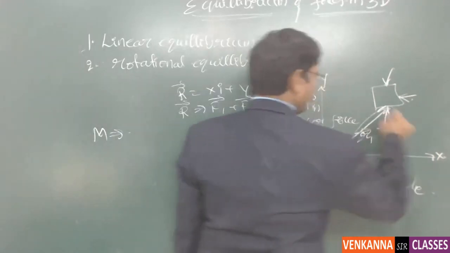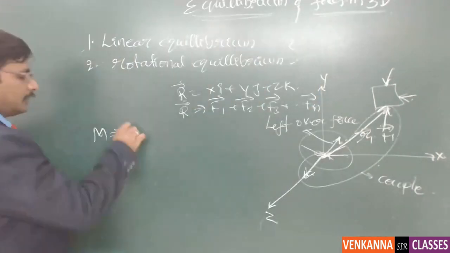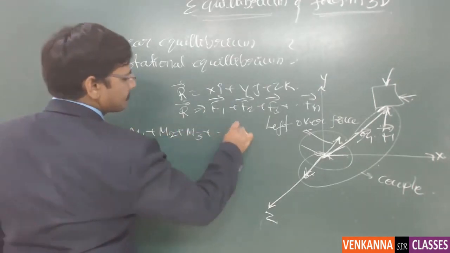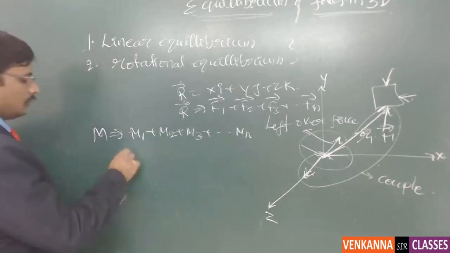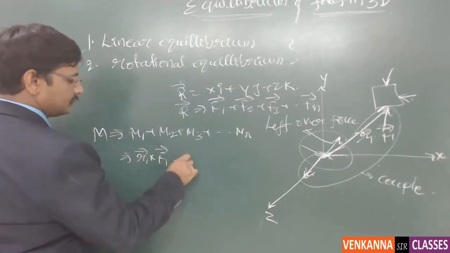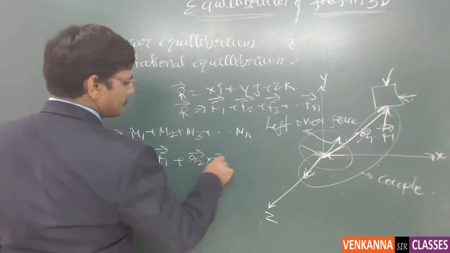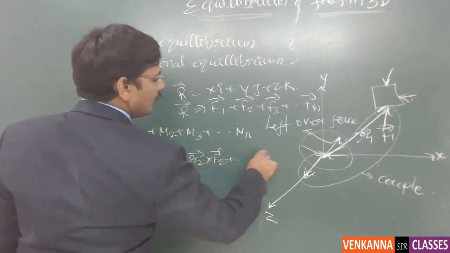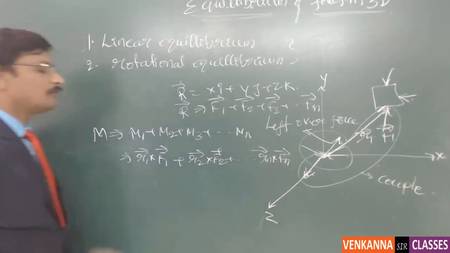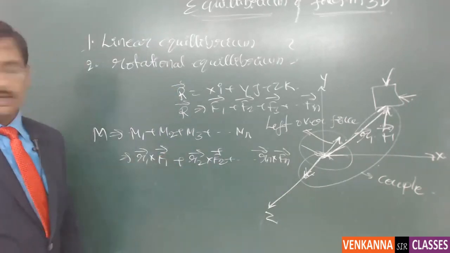So this is F1, and M1 is nothing but R1 cross F1 plus R2 cross F2 plus and so on up to Rn cross Fn. So this is the sum of all the moments together.